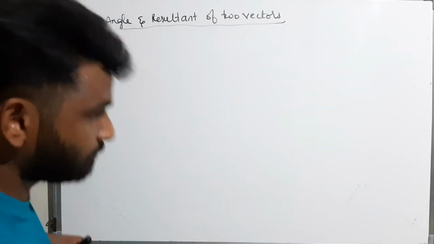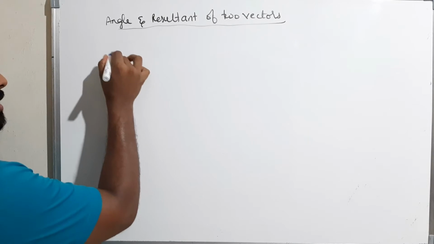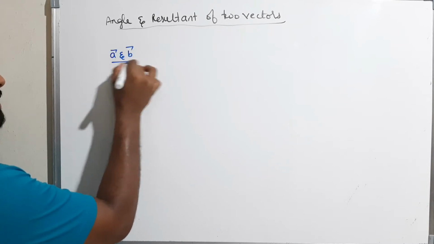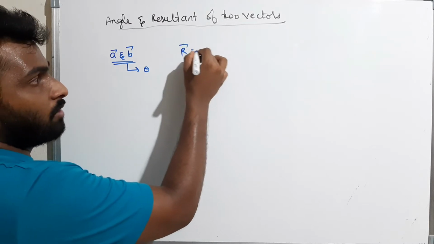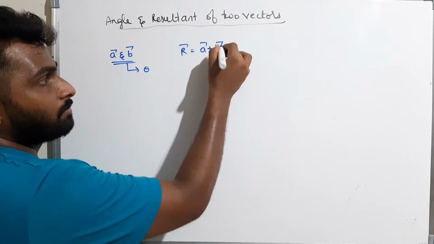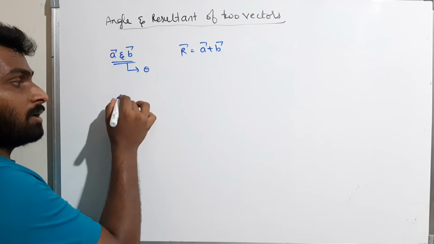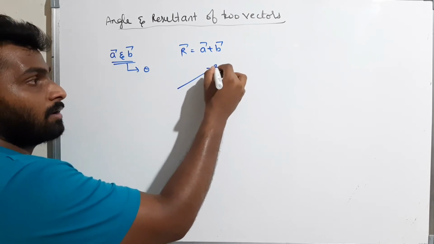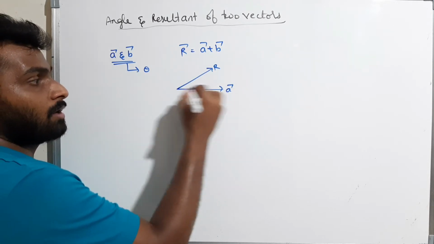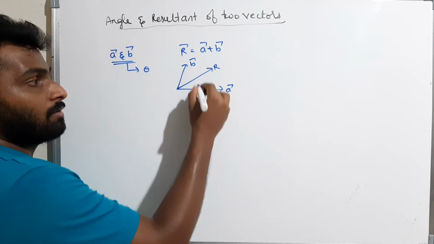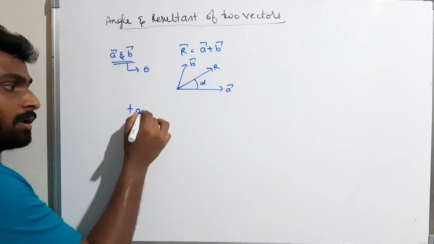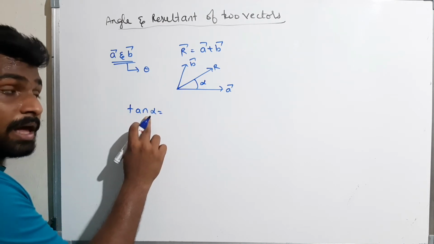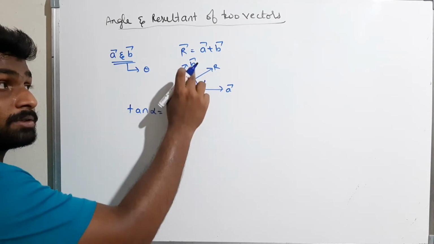Okay, now see here. A bar and b bar, and the angle between them is theta. Now R bar is the resultant of two vectors, that is a bar plus b bar. This is R bar, this is a bar, and this is b bar. What is the angle made by the R bar with a bar? That is alpha. Firstly, tan alpha is equal to, if I want to find the angle made by the R bar with a bar, I have to take first b.